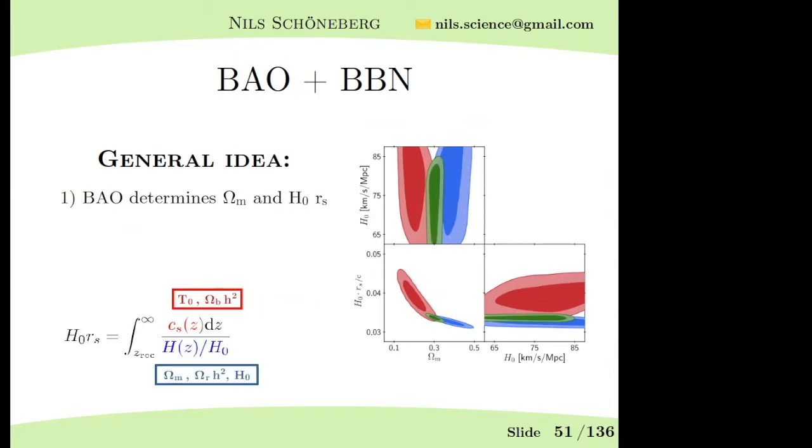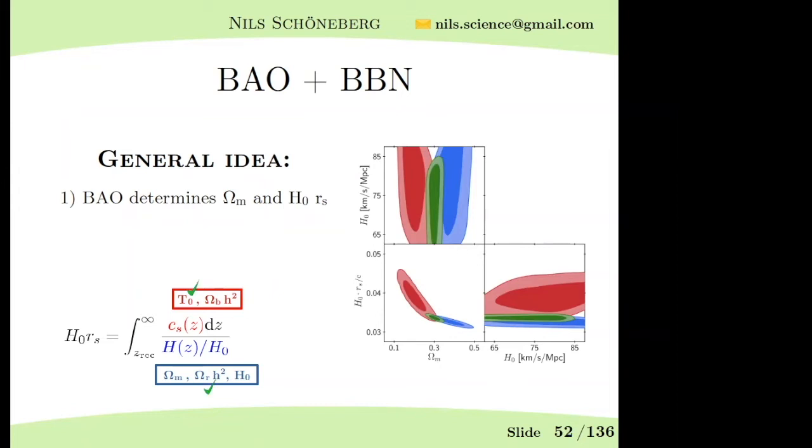Now, let's look at the two things. So omega m might be used as a cosmological parameter, but we want H0, not H0 times Rs. So we can look at the product of H0 Rs, and we just write it out. What is it? Well, it's once again this function of H(z) over H0, and a sound speed integrated over redshift.